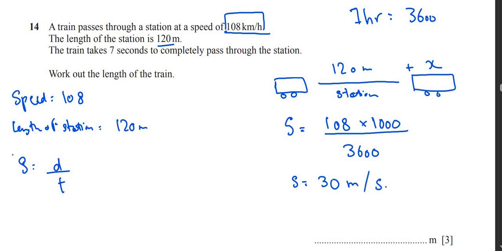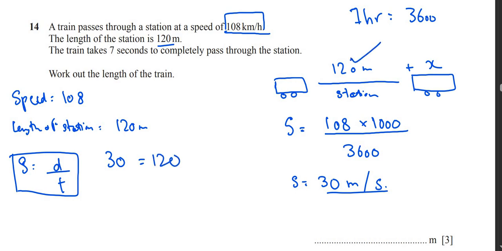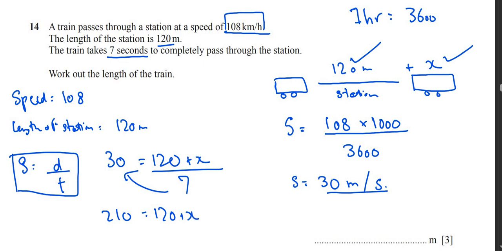Okay, so as I told you, speed is equal to distance upon time. Speed, we found, is 30 meters per second, equals the train is moving across the distance of 120 meters and then its own distance of x. And how much time does it take? It takes 7 seconds. So now 7 multiplied by 30, which is 210, equals 120 plus x.